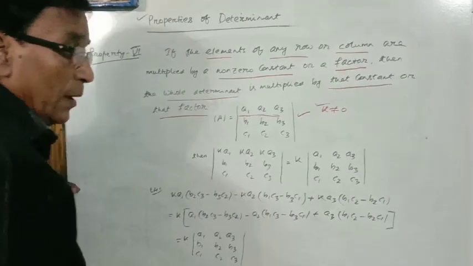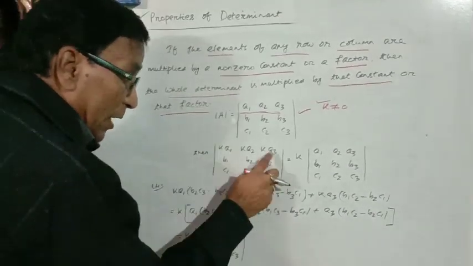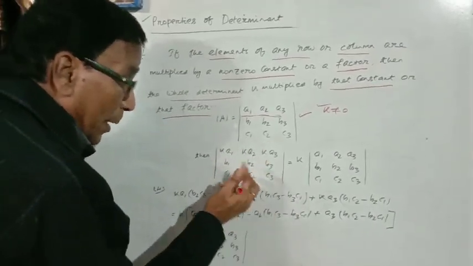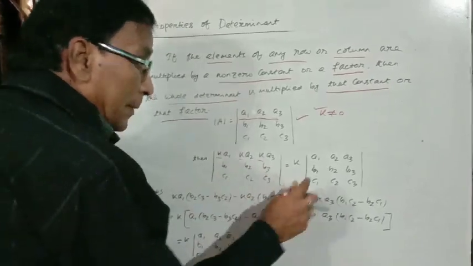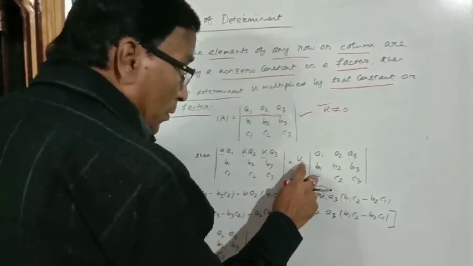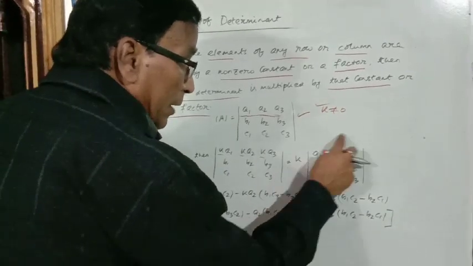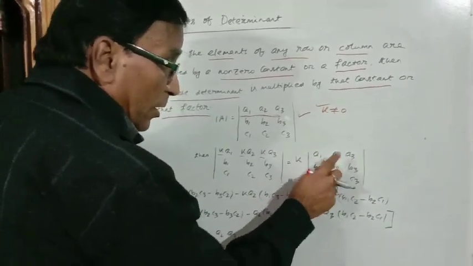When you multiply any row or any column by a non-zero constant k, it is the same as the product of the non-zero constant k with the original determinant.